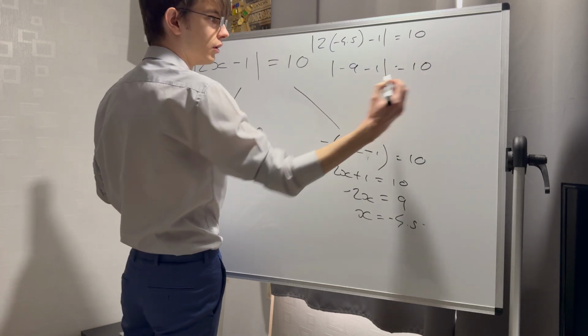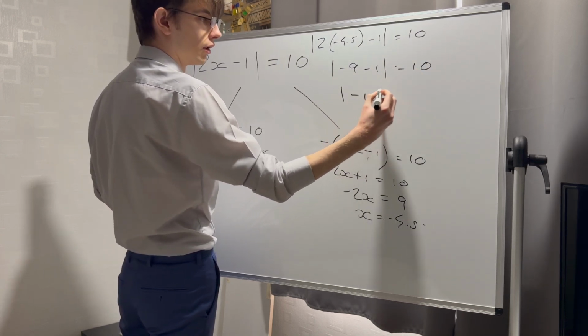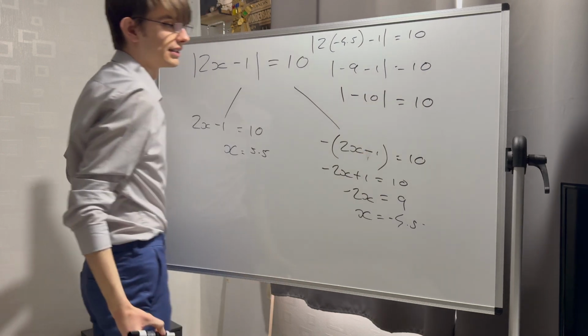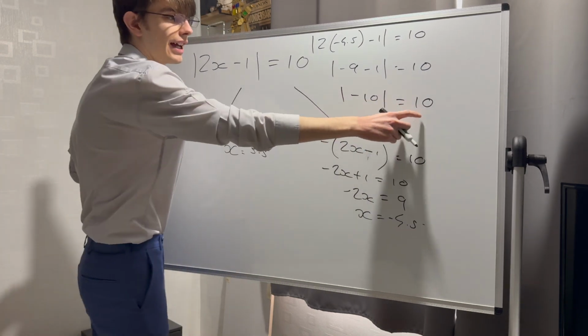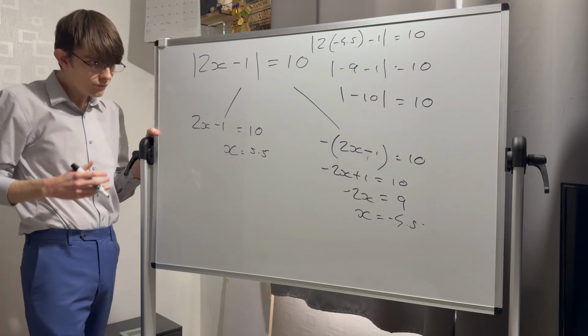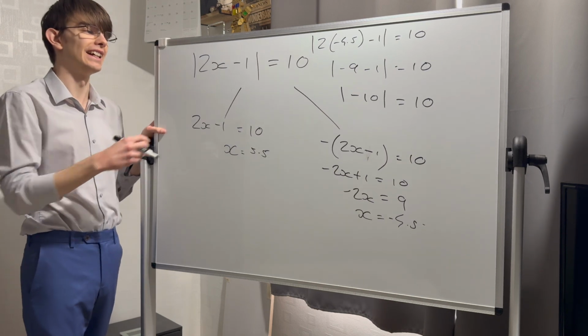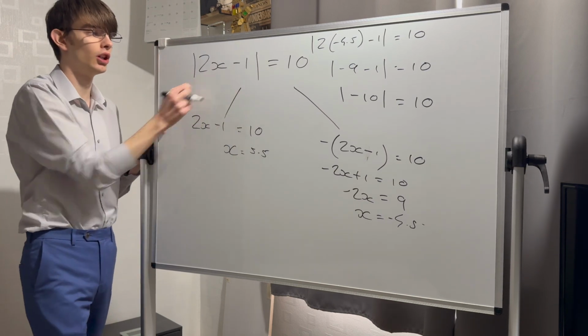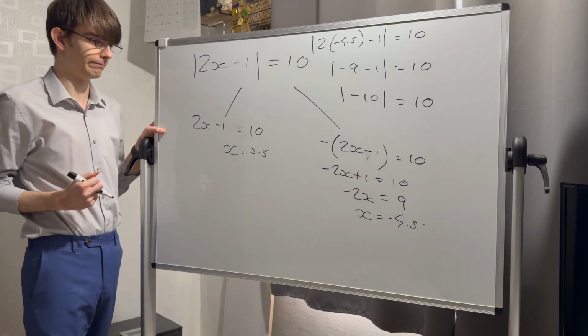Minus 1, minus 9 minus 1 is minus 10. And the modulus of minus 10 is equal to 10. So we're not breaking any rules here. It's just self-imposed making something positive.